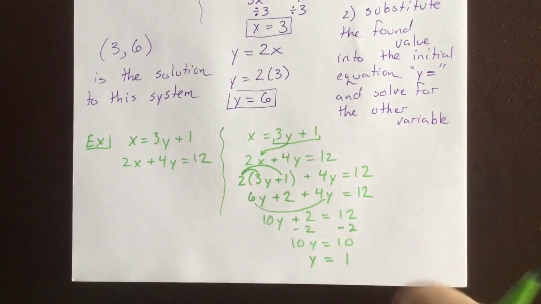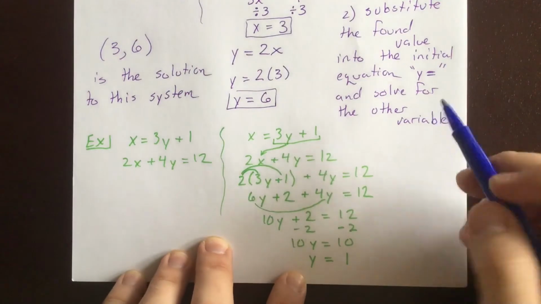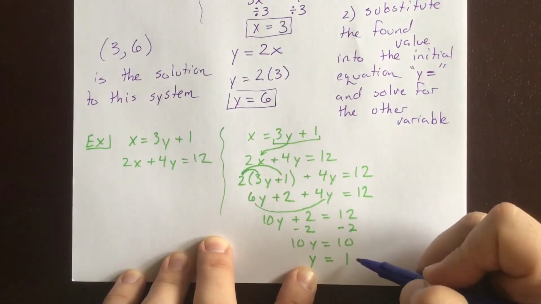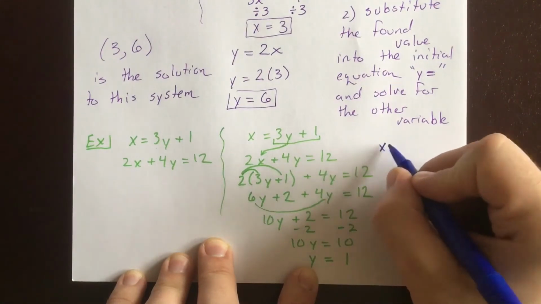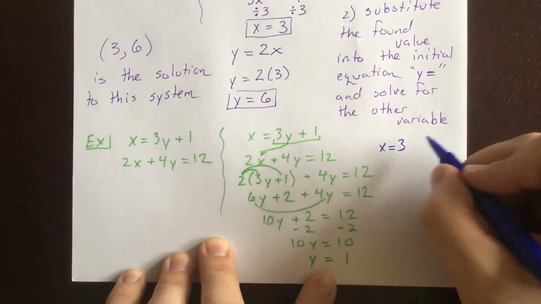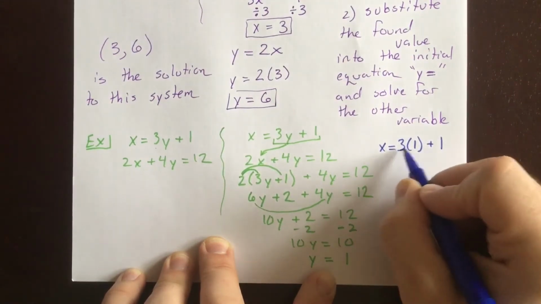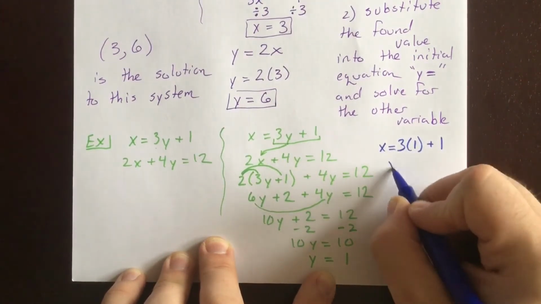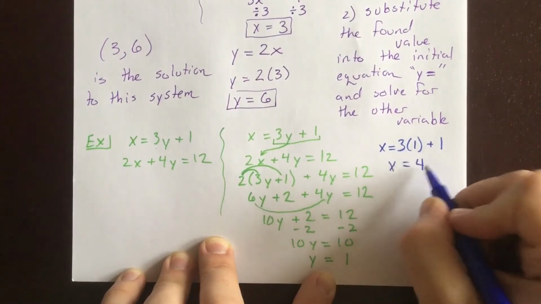Now with y equaling 1, to find the x value, we substitute it into the initial equation, which in this problem is x equals 3y plus 1. So x equals 3 times 1, which is 3, plus 1 is 4.